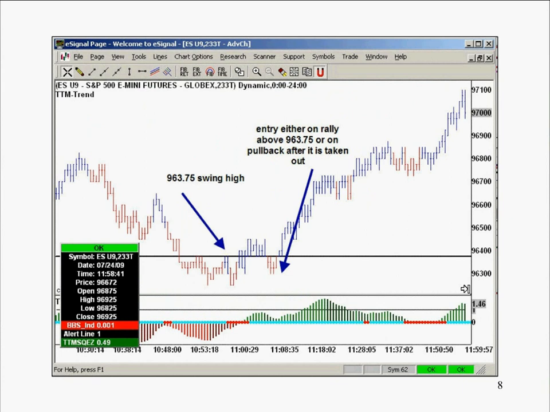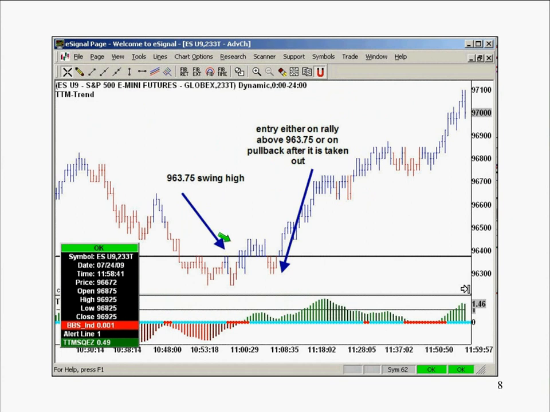This next chart is using the TTM trend and squeeze indicator, and there are 2 different ways to enter. I did put this in my book chapter on triggers. Either you can enter on taking out the prior swing high. Oops, I was trying to grab that pointer there. There it is. Let me drag it.